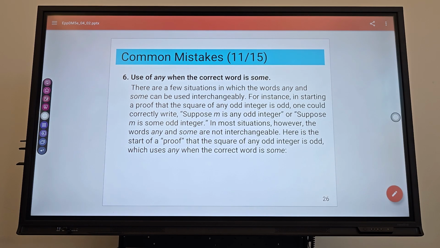Use of any when the correct word is some. There are a few situations in which the words any and some can be used interchangeably. In most situations, however, the words any and some are not interchangeable. Here is the start of a proof that the square of any odd integer is odd, which uses any when the correct word is some.